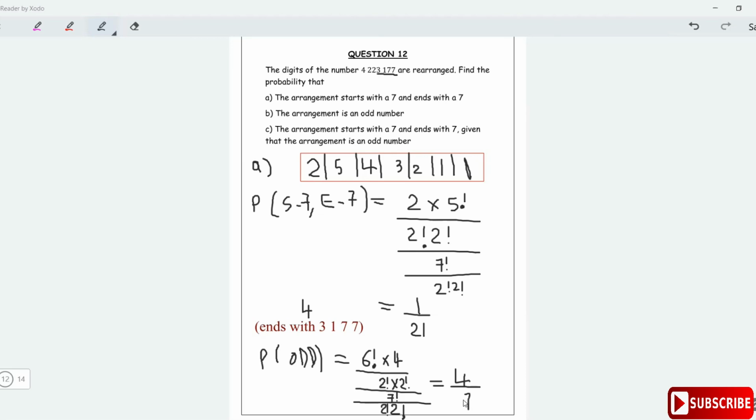Very easy. Then it says find the probability that the arrangement starts with a 7 and ends with a 7, given that the arrangement is an odd number. So we need to do that. I like this question now.